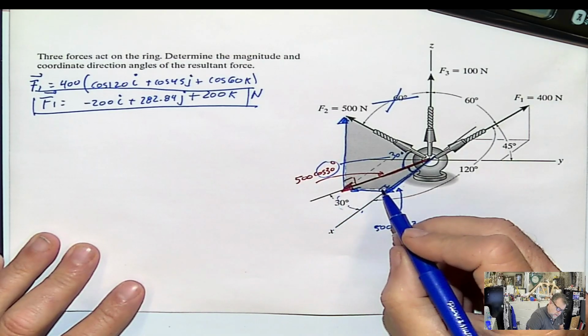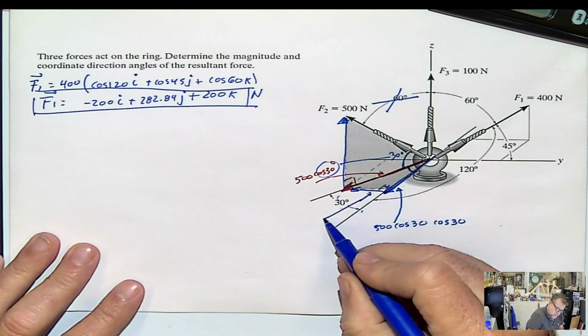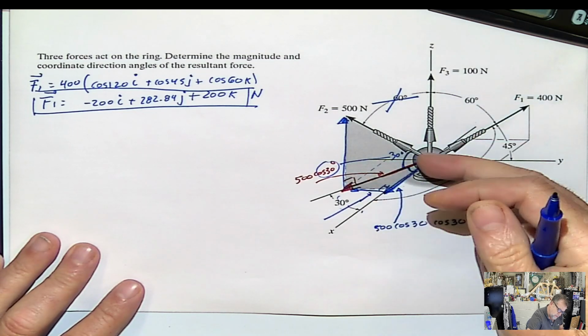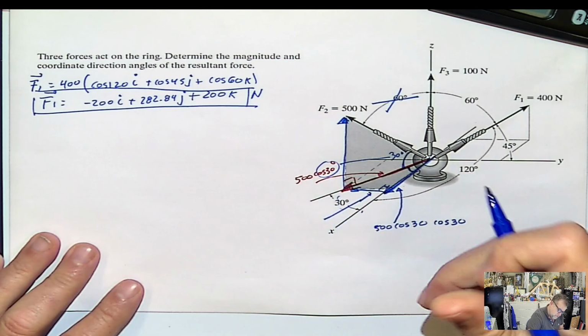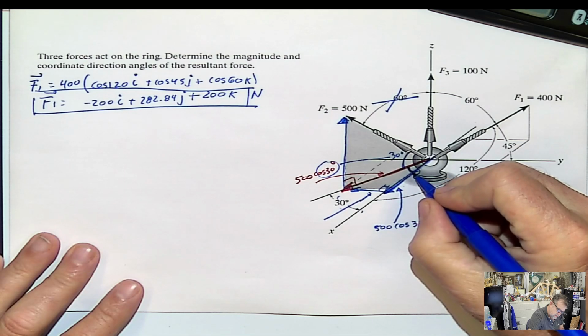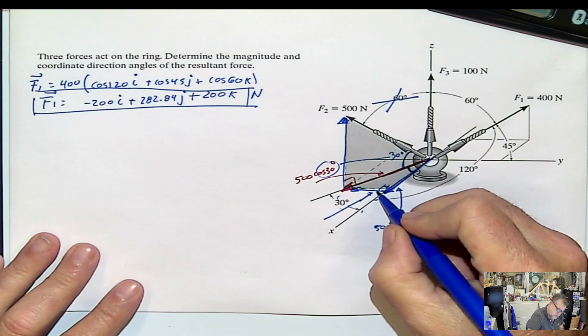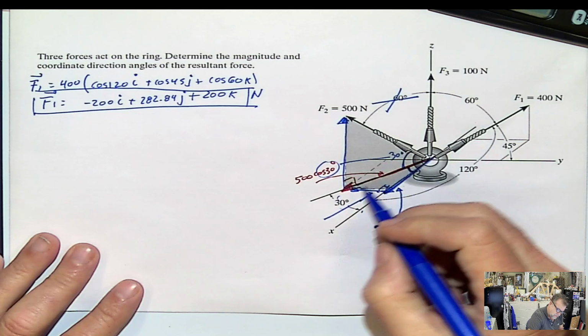Now, in the y direction, this is the component of the y direction. So basically what I'm doing is I'm getting this force, and that force I'm bringing it to the projection with this axis here. And because this angle is 30 degrees as well, this is opposite to that angle, then that projection will be achieved by multiplying this times sine of 30 degrees.